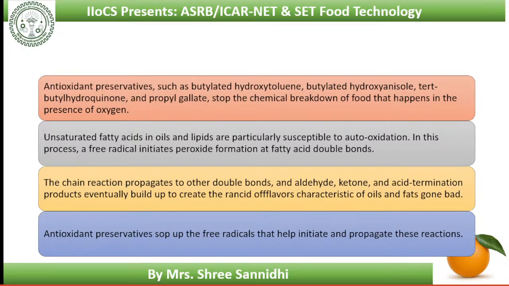Antioxidant preservatives such as butylated hydroxytoluene, butylated hydroxyanisole, tertiary butyl hydroquinone, then propyl gallate. These antioxidant preservatives stop the chemical breakdown of food that happens in the presence of oxygen.